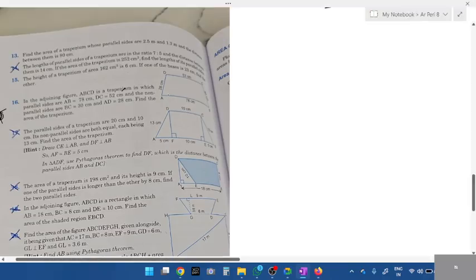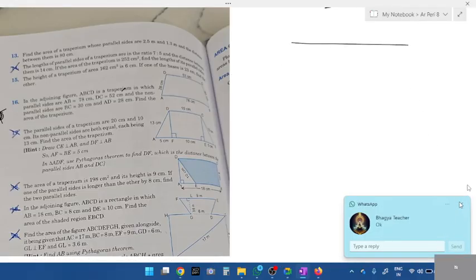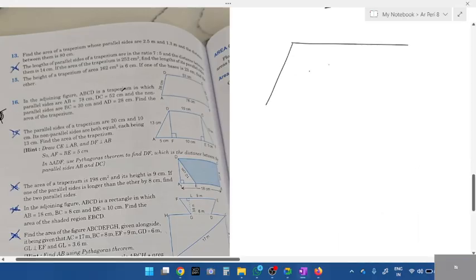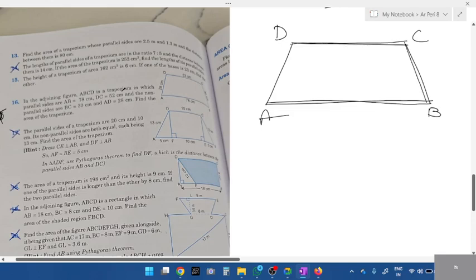I'll complete it. Look at the 16th question. Concentrate, all of you. In this trapezium, it is a trapezium. Which section? Which section has ma'am done?